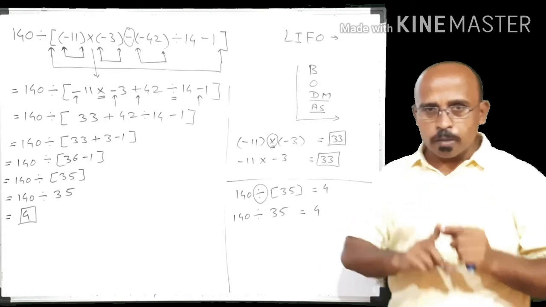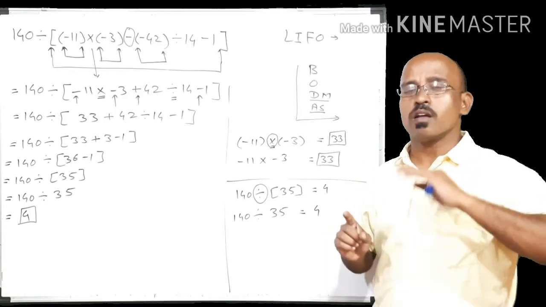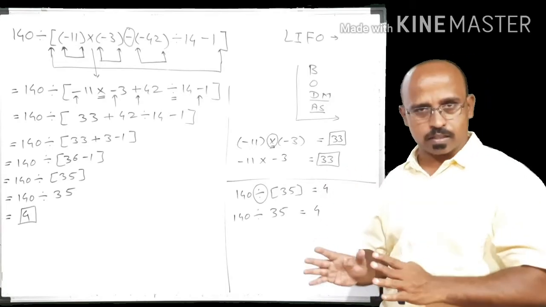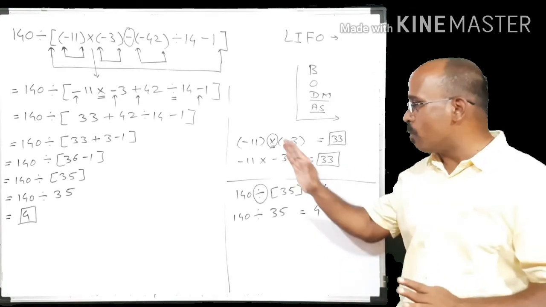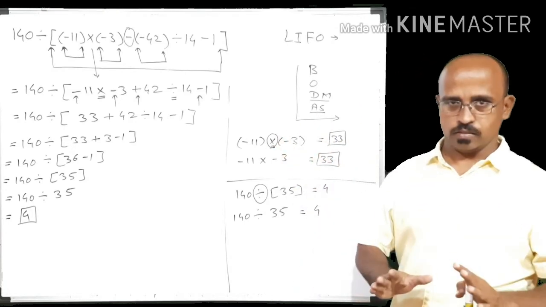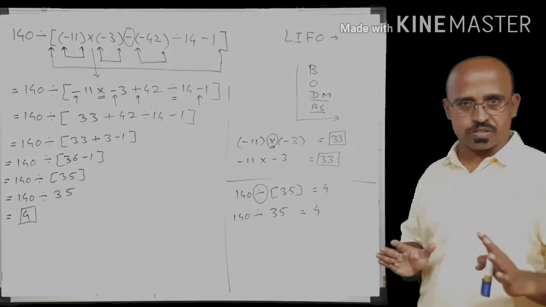Okay, if there is only one number in the bracket and we have to perform multiplication or division of those brackets, then directly perform multiplication or division instead of removing the bracket, because it doesn't make any kind of change.